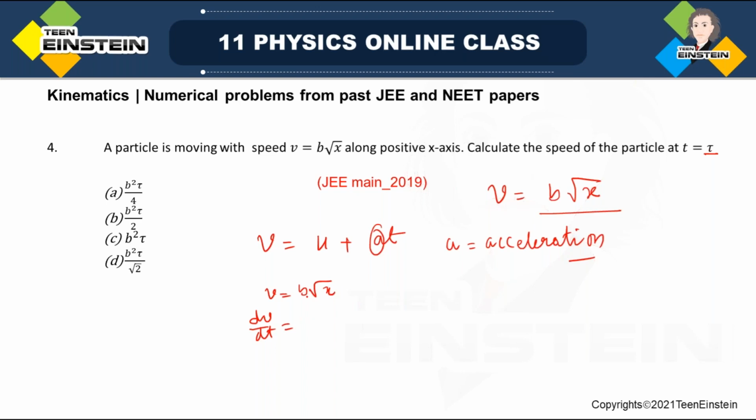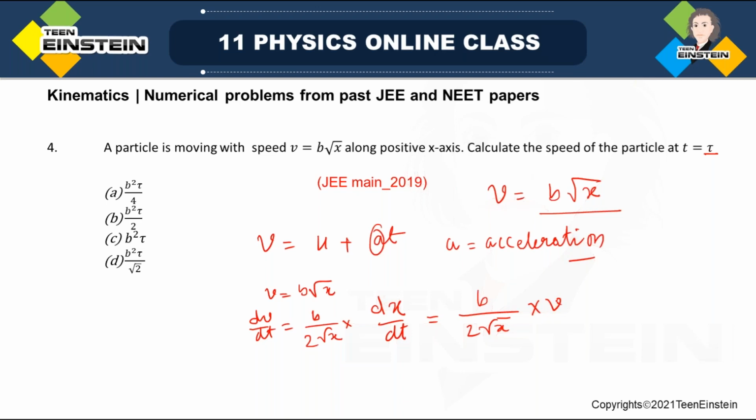See, this b is a constant, and at t is equal to 0, suppose the particle was at the origin, so this will give you b times 1 by 2 root x. But we have done the derivative with respect to x, and we have to do it with respect to t, so dx/dt. So we have got b by 2 root x into v.